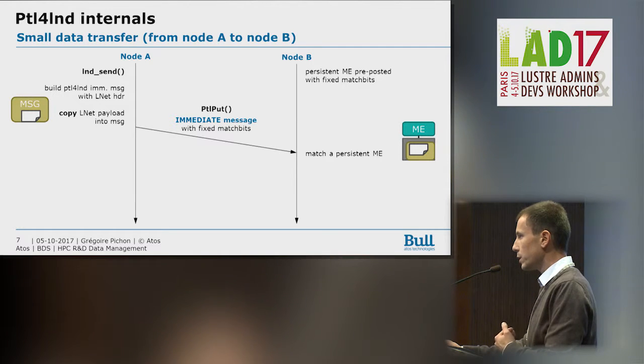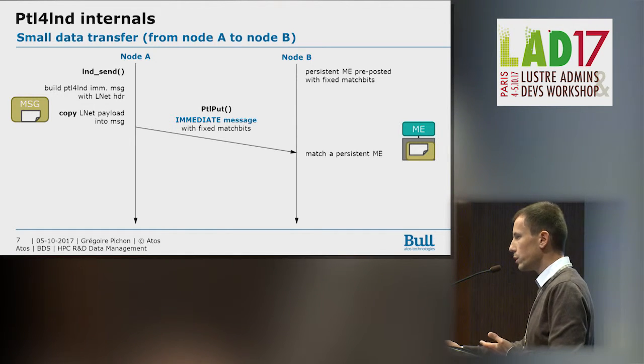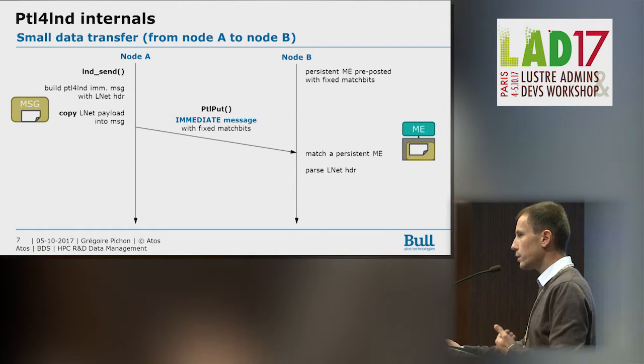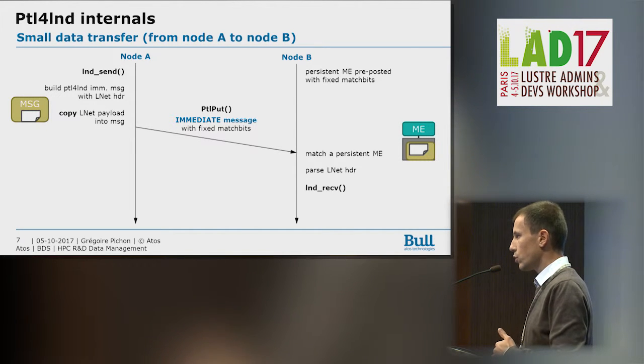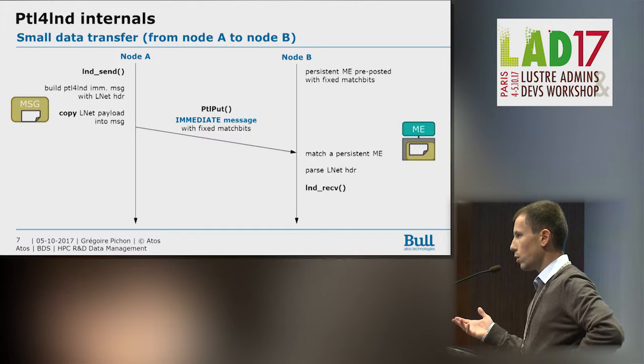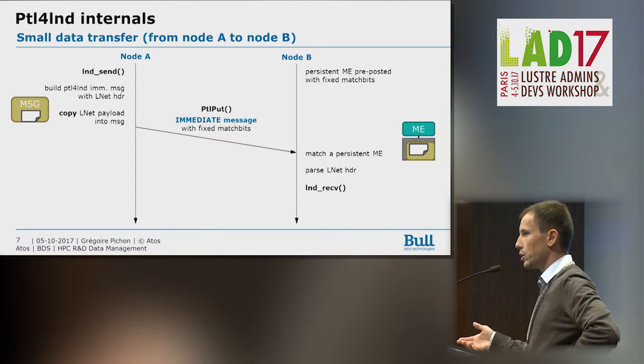Since the fixed match bit is always provided with resources for reception, we've got a match entry that matches that message, and once it's matched, the LND calls back LNet so that the LNet header can be parsed, and the LND receive service is called back again by LNet, providing information on the LNet destination memory.